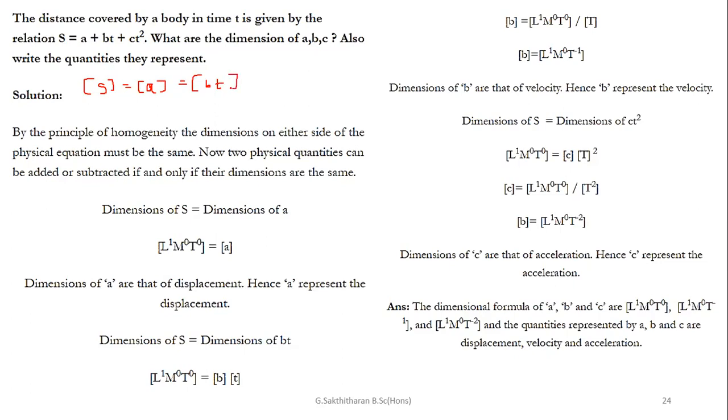Here A is added with B T and also with C T square, so the dimensions of B times T and C times T square must equal those of A.